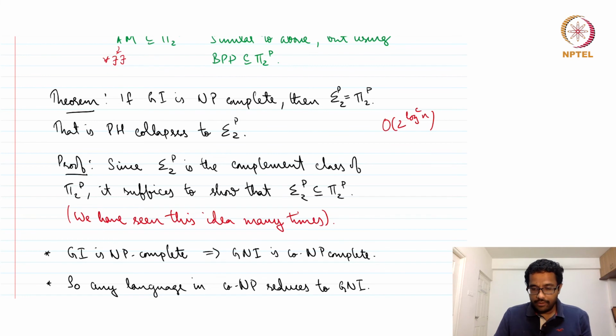But this statement has a proof using interactive proofs, and as far as I know, all the proofs that are there for this statement use interactive proofs, maybe slight variations of one another. But the statement itself is completely a statement only on Sigma 2, Pi 2 and graph isomorphism.